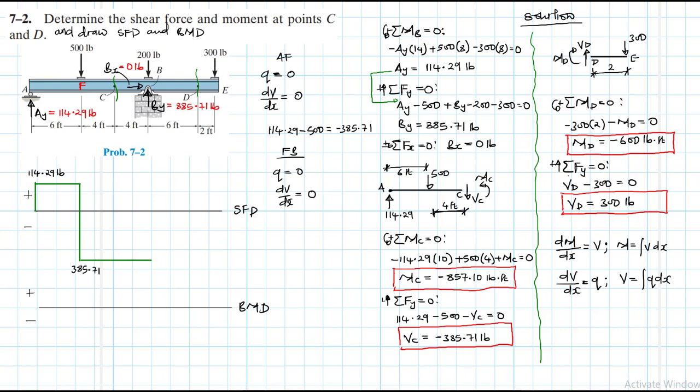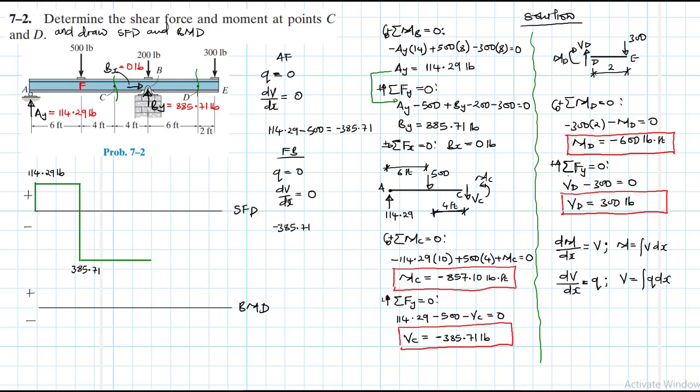When we reach B, we have By, and we also have a concentrated load at the same point, so we will need to sum up all that algebraically, considering the signs.